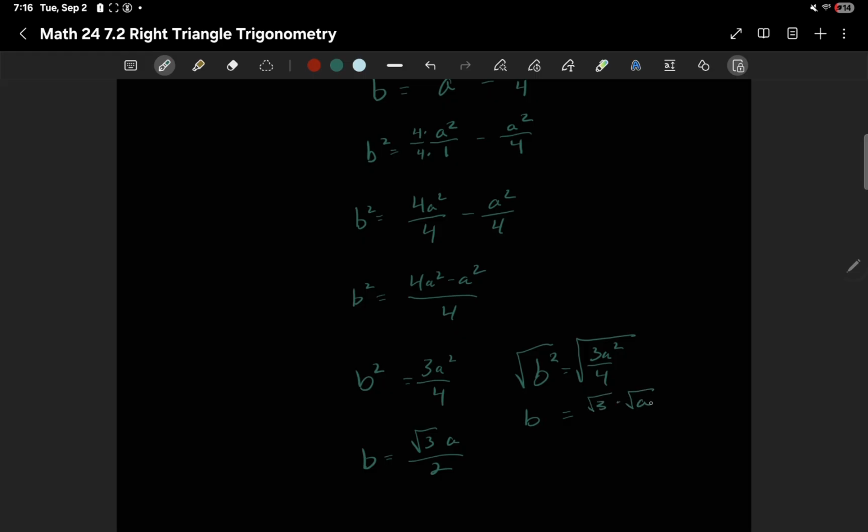This is one of the laws of radicals that you may have learned in algebra. Basically, if things are being multiplied, you can put each of them in their own square root. Well, the square root of 3 doesn't simplify. The square root of a squared is just a, and the square root of 4 is 2. And so you see that these two guys are the same. Just figured I'd show that longhand this time.